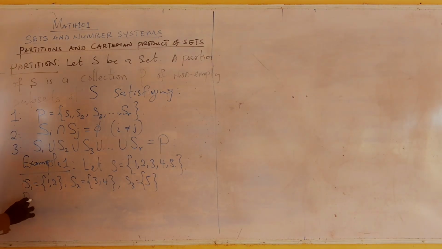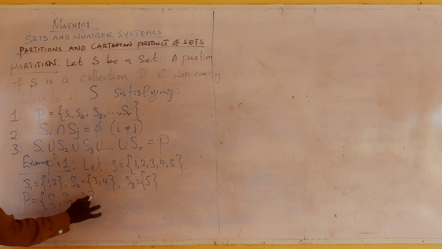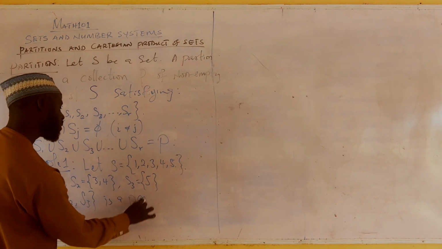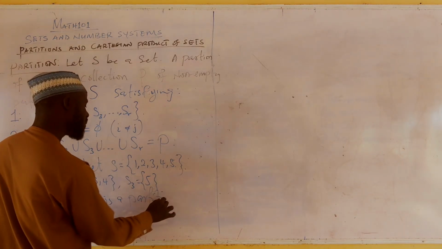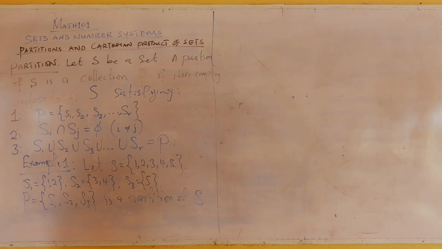Therefore P, this collection of S1, S2, and S3, is a partition of the set S.